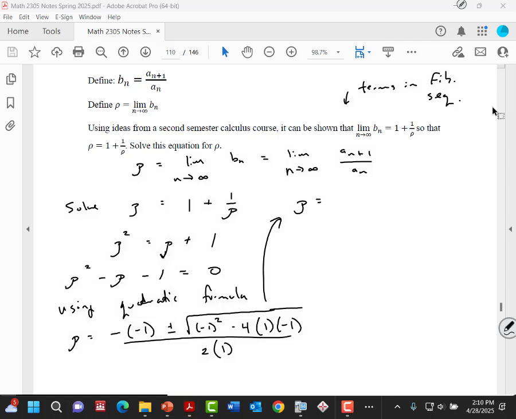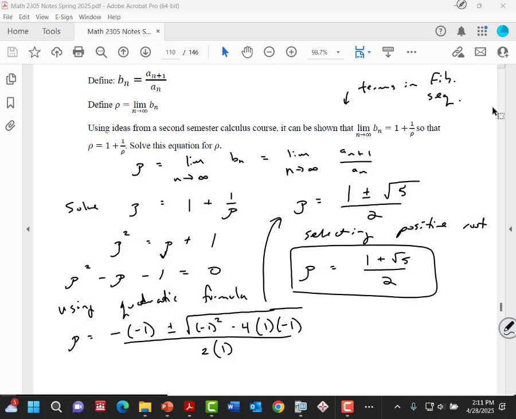So rho would equal 1 plus or minus square root 5 over 2. And if I select the positive root, and the reason I'm selecting the positive root is because when I was looking at all of these ratios, this a sub n plus 1 over a sub n, all of them were positive values. And so rho then equals 1 plus square root 5 over 2.